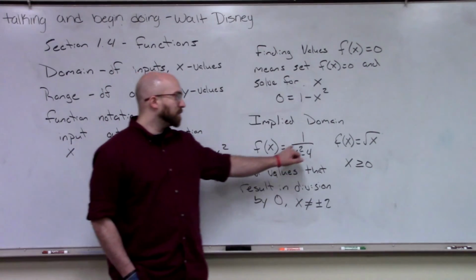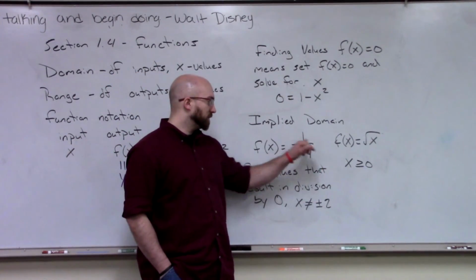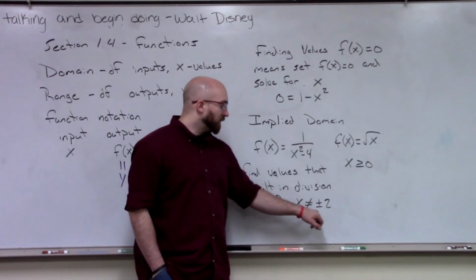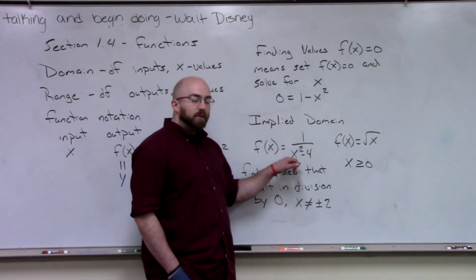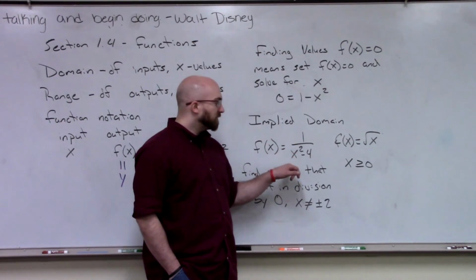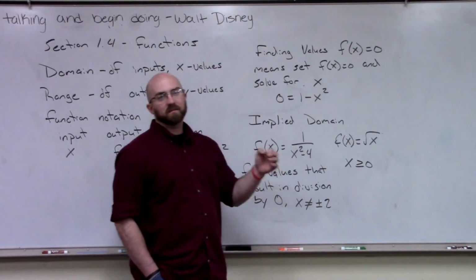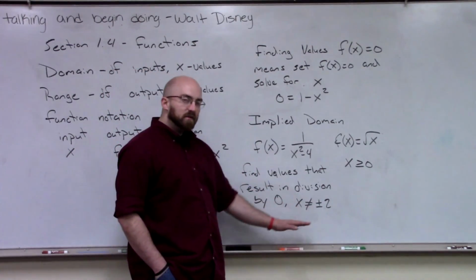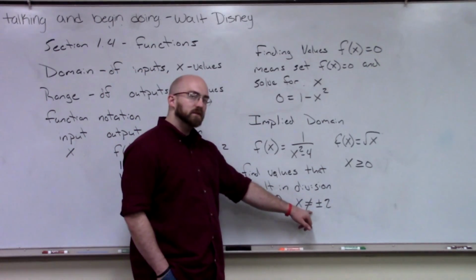So that is, set the bottom equal to 0, x squared minus 4. Solve it for x, and that's where you get x equals plus or minus 2. If I plug a 2 in here, negative or positive, then the bottom equals 0. I cannot divide by 0, that's undefined. So x could be any real number except for plus or minus 2.